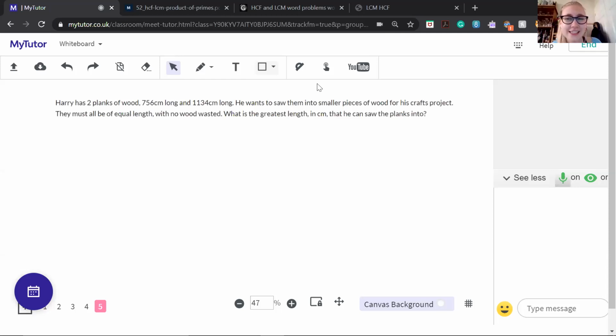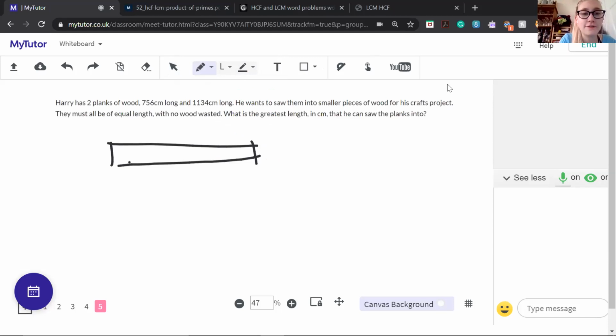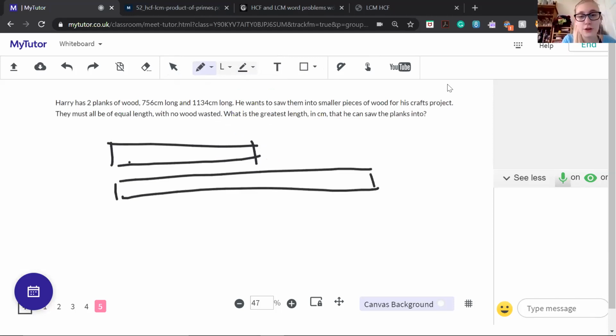So what do you think this is dealing with? What method do you think we can apply here? Yeah, exactly. At least one person's got it, and the rest of you might be typing. It's highest common factor. And the reason is because here's a 756 centimeters long piece of wood, and here's a 1,134 centimeters long piece of wood.